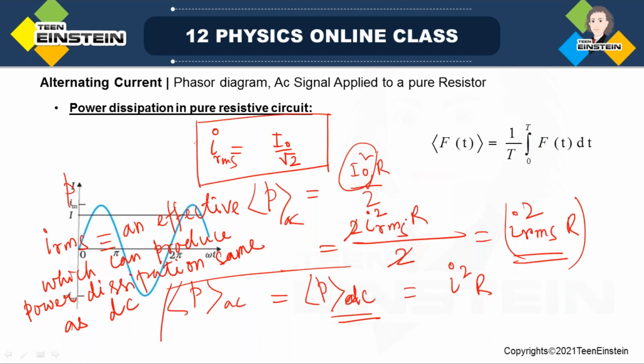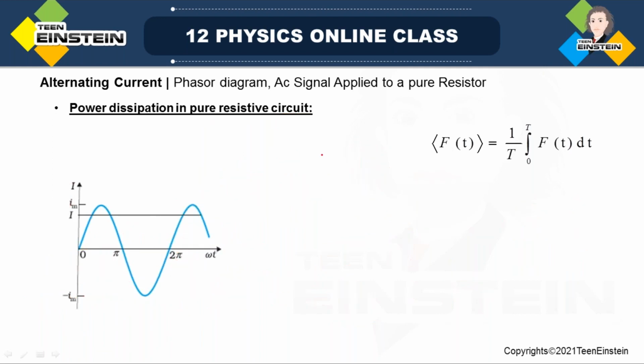If I write this for voltage also, for VRMS you will get V0 by root 2. So I get IRMS is equal to I0 by root 2.